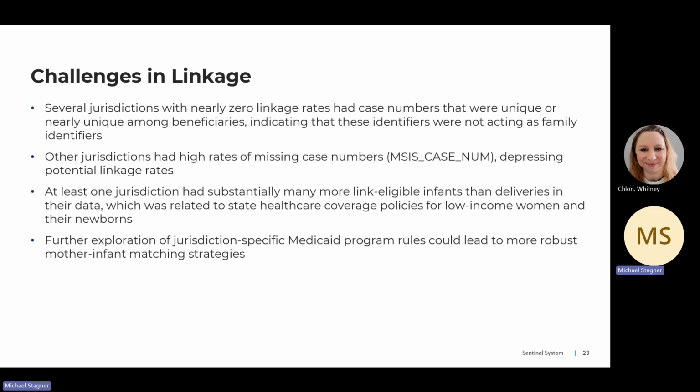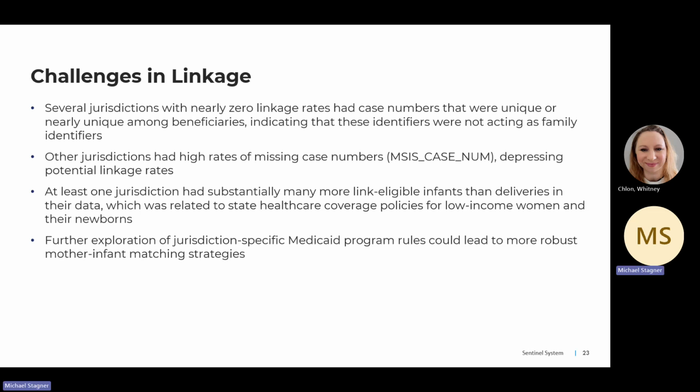And so for those jurisdictions, they're obviously using that value as some sort of patient level, beneficiary level identifier, because it's not common across families. Other jurisdictions had high rates of missing case numbers. Obviously, if we don't have any T-MSIS case nums, we're not going to be able to do any sort of linkage.